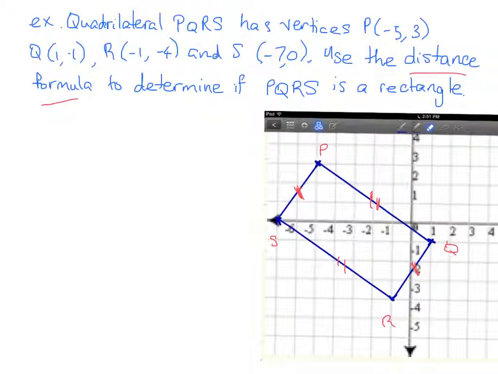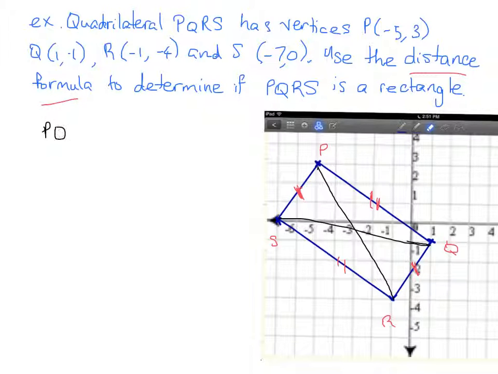We also know that the diagonals have to be congruent to each other. So if that's a diagonal here, and that's a diagonal here, both those diagonals have to be congruent to each other. So we're actually going to use the distance formula to figure out if these 3 pairs of lines are congruent to each other. I'll write down what the 3 pairs of lines are.